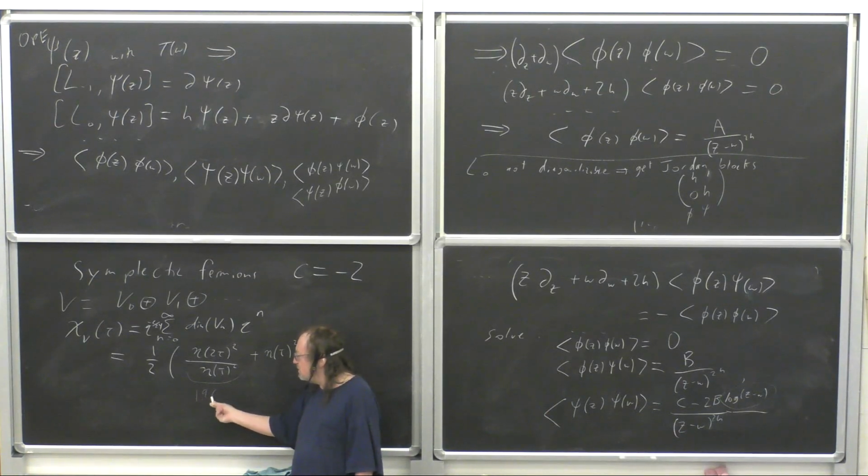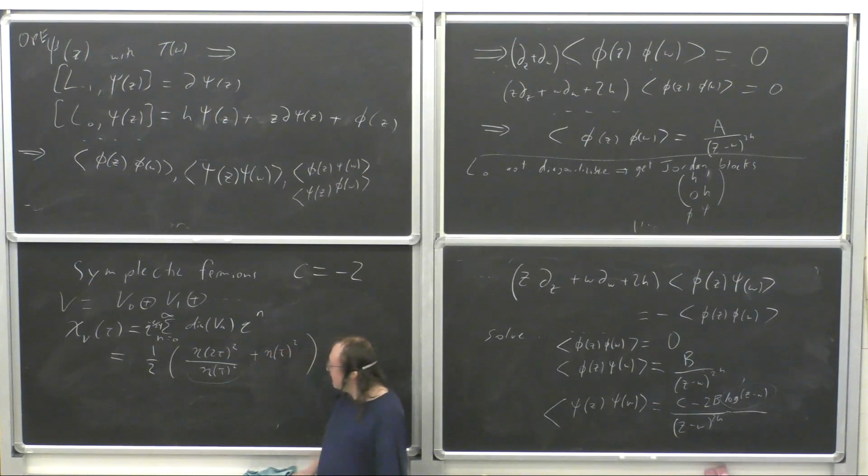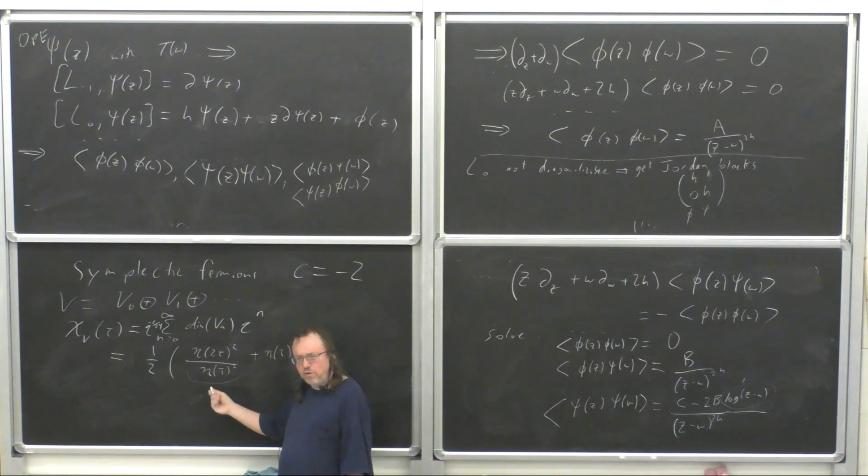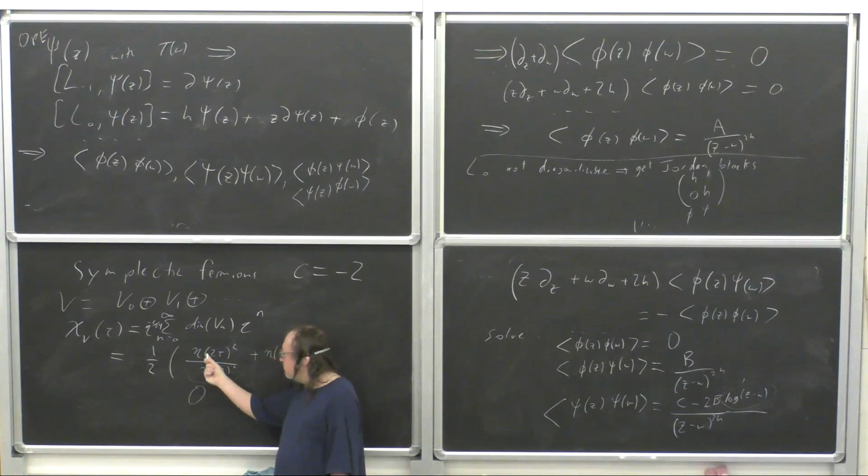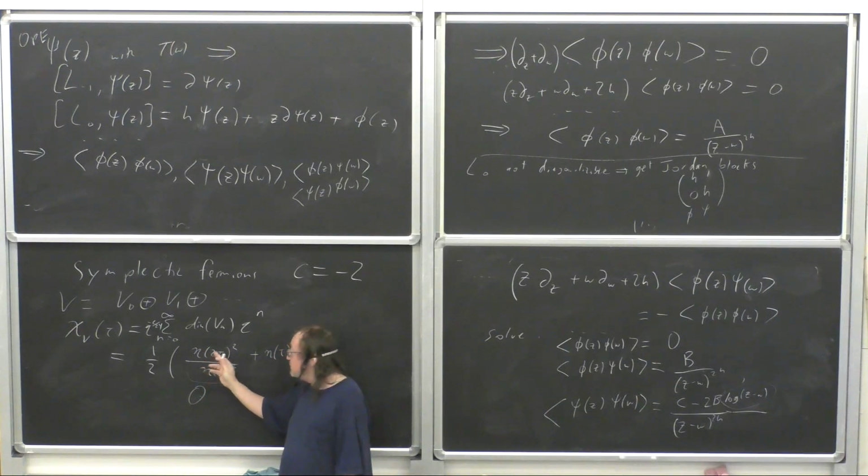This is where this comes in. No. What's the modular weight of this? 4. So the modular weight of eta is 1/2. So this is 1/2 times 2 minus 1/2 times 2. The weight of this is 0.